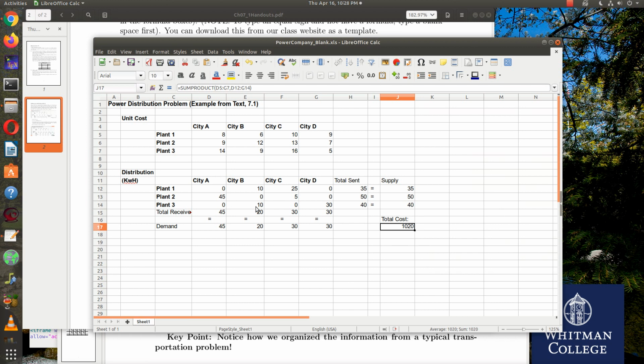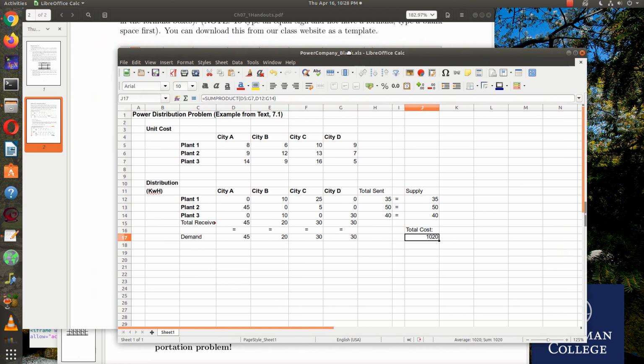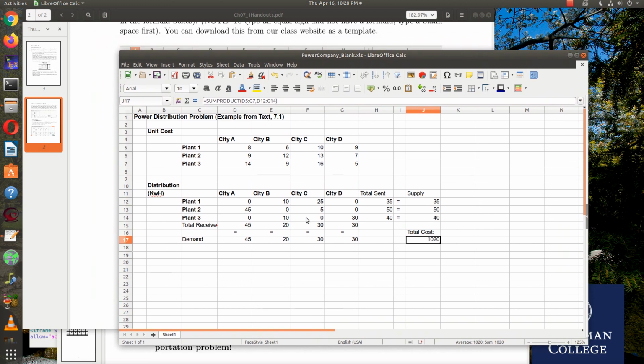And we see what our distributions are, and everything is equal signs. Very good. This is how you solve the power company problem, and you would do a very similar technique for any of these transportation problems. All right, I'll stop it there, and I'll let you work on the homework.